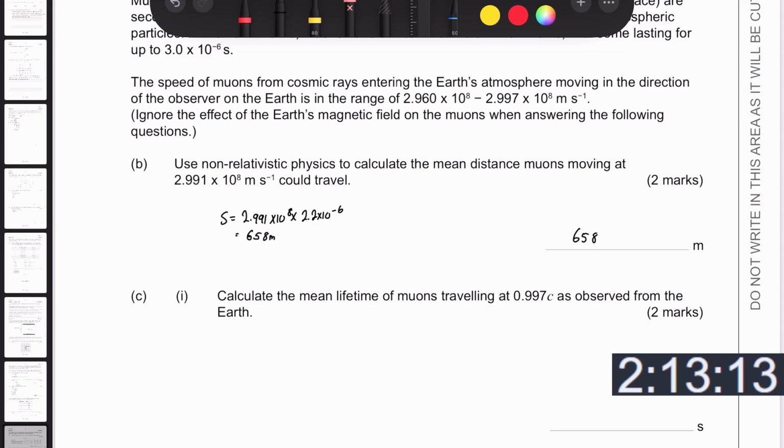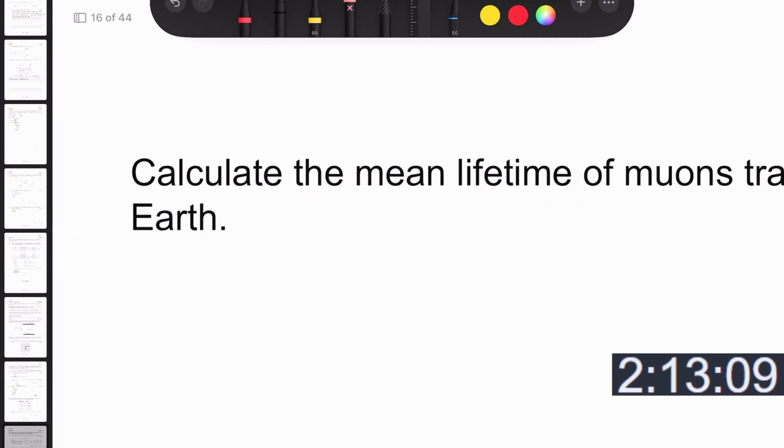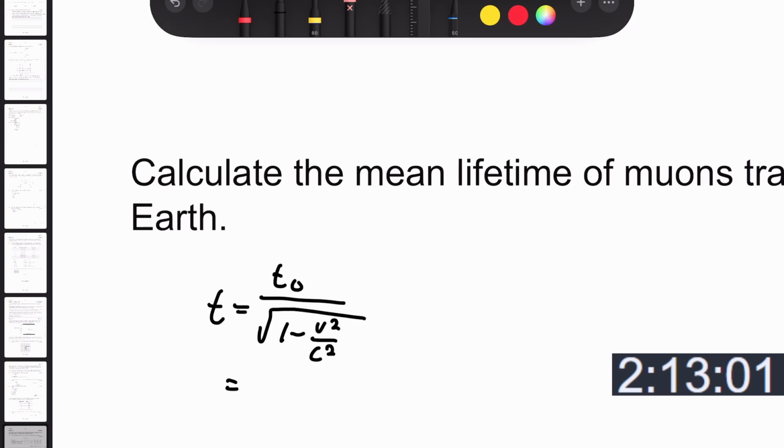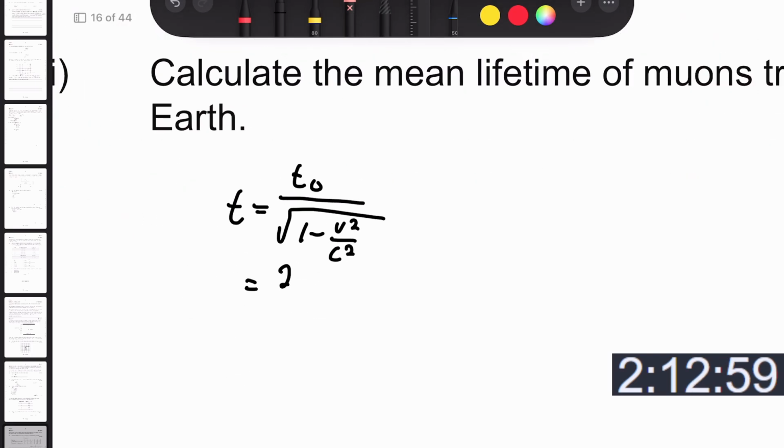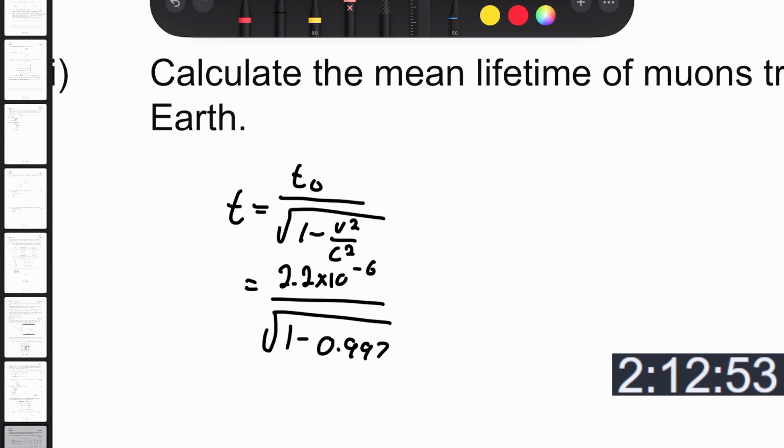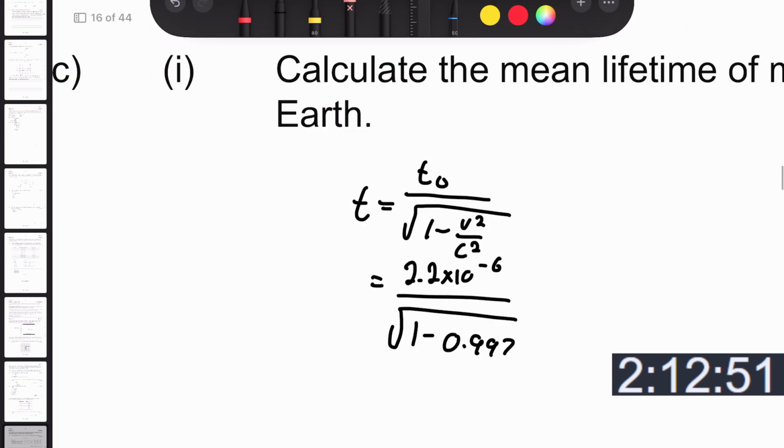Calculate the mean lifetime of muons traveling at that speed as observed from the Earth. So then t is t0 divided by the square root of 1 minus v squared over c squared. So this is 2.2 times 10 to the negative 6 all over the square root of 1 minus 0.997 squared, since the c squared cancels.